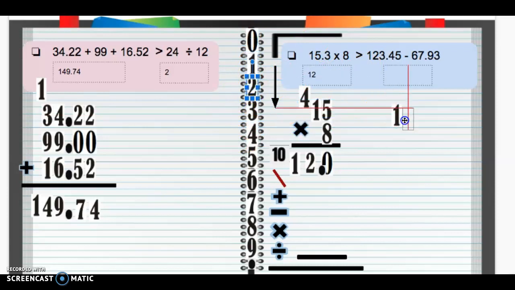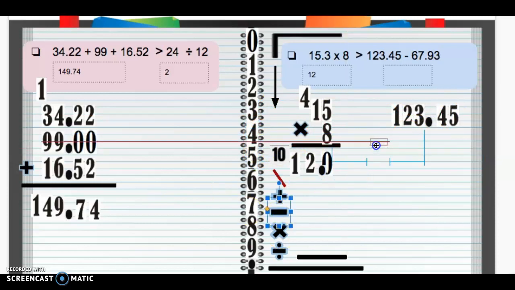123 and 4,500. So you put your point, 4, 5. And then you're going to subtract 67 and 9,300. So your 6 is in the tens place, your 7 is in the ones place.